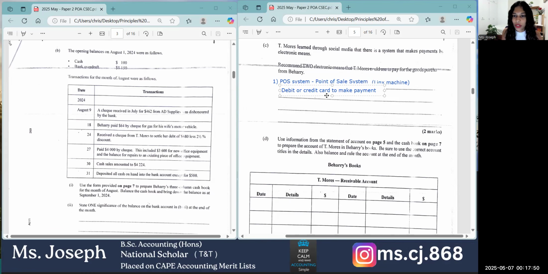Right? And then the funds are transferred electronically from your debit or credit card, whatever bank you are banking with, into his bank. One, you have the point of sale system.